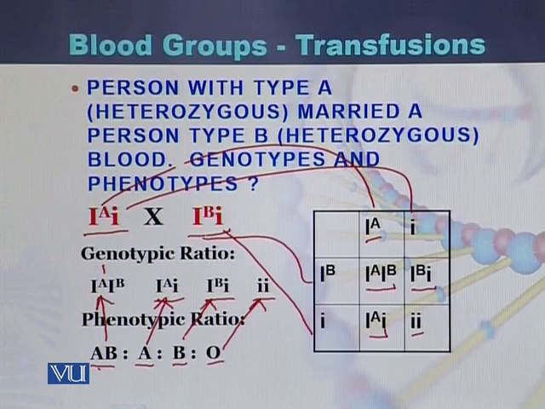So based on this data, if a person who is heterozygous with blood group type A marries a person who is heterozygous with blood group B, the genotypic ratio will be 1:1:1:1, and based on the genotypes, the blood groups will be AB, A, B and O.